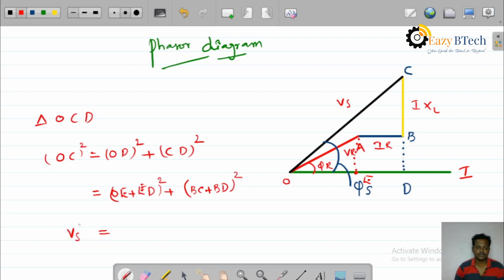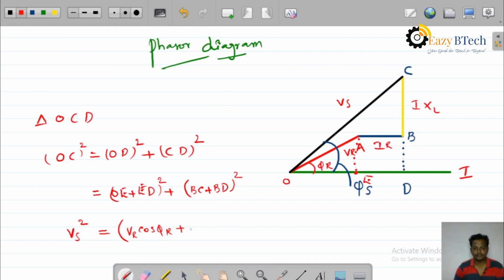It is Vs square. OE from the phasor diagram is VR cos phi r, plus ED is nothing but AB, which is I into R drop.